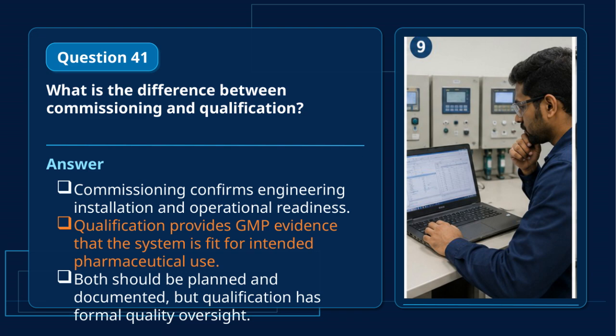It provides documented evidence, following good manufacturing practice or GMP, to show that the system is suitable for its intended use in pharmaceutical production. Qualification involves a formal quality oversight process, ensuring the system meets all regulatory and quality requirements. Both commissioning and qualification need to be carefully planned and documented, but qualification carries an extra layer of formal validation to guarantee compliance and product safety.